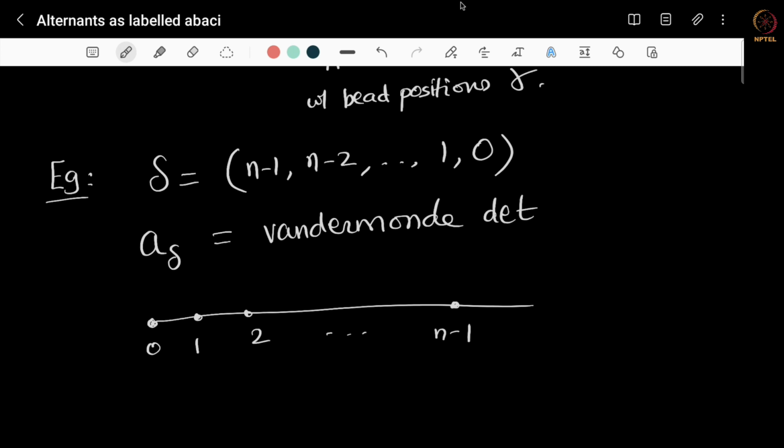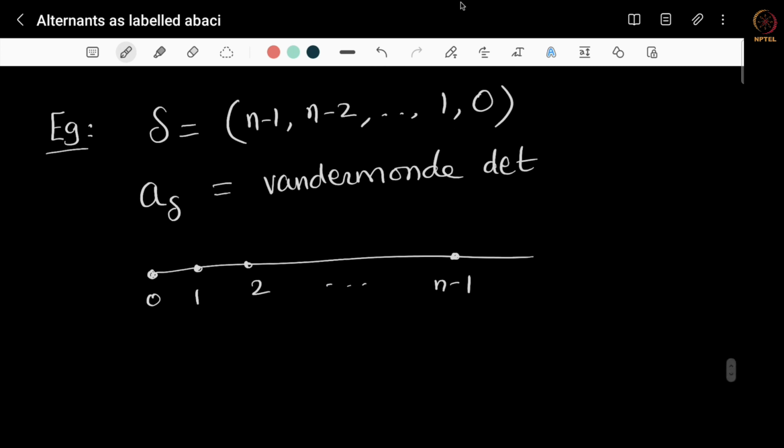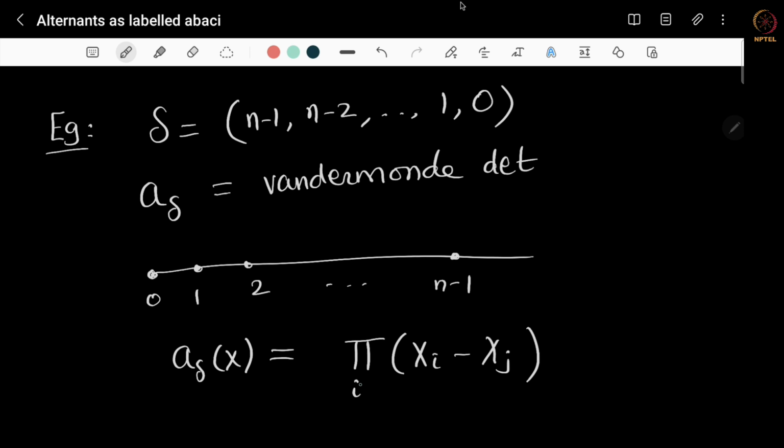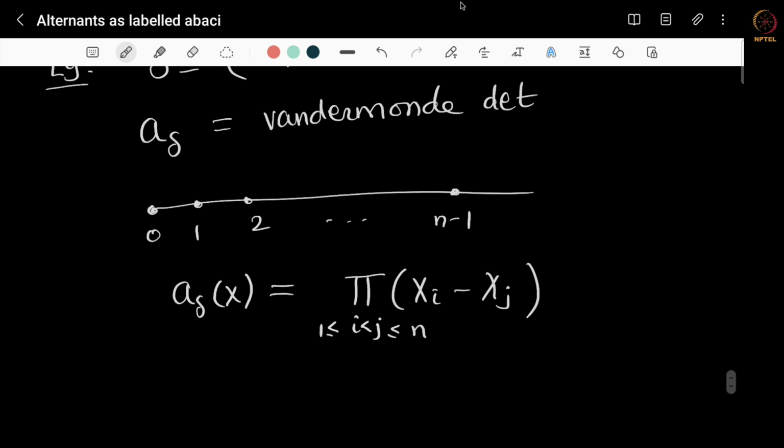This is the famous Vandermonde determinant. If you want to think of this in terms of the abaci, what this means is I have to look at all possible abaci in which the bead positions are 0, 1, 2, 3 till n minus 1. So the beads live on the first n positions on the abacus. Somehow the most compact abacus you can imagine. All the beads are clustered together, there are no gaps between beads.